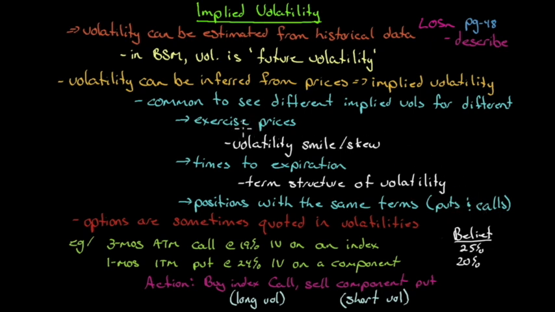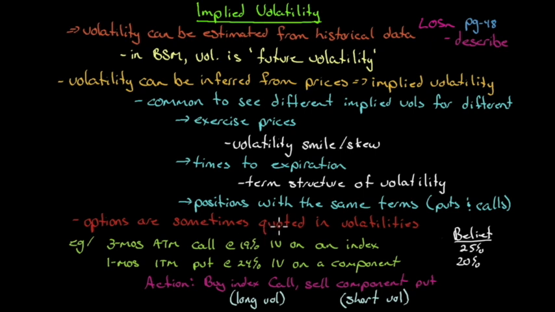If we see different volatilities for different exercise prices, that's sometimes referred to as a volatility smile or a volatility skew. Different times to expiration lead into something called the term structure of volatility. And for puts and calls with the same terms, the same strike and the same time to expiration, the puts and calls might have different volatilities.